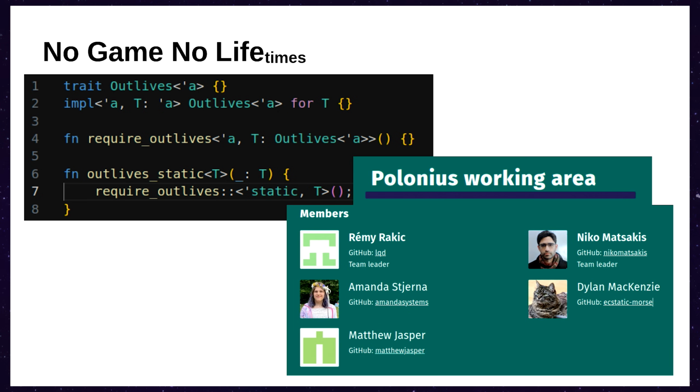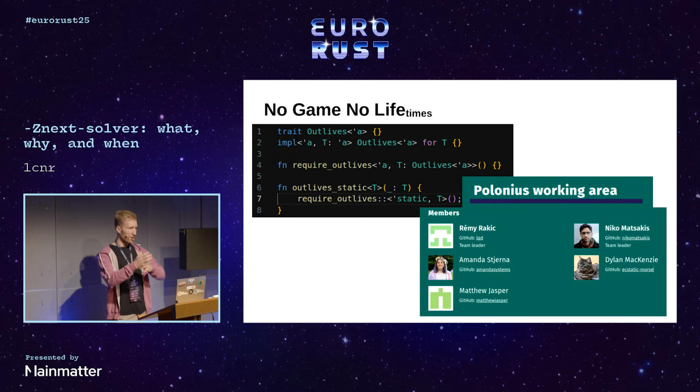And Polonius intends to improve our borrow checking to handle a few edge cases where we currently incorrectly error. But that is entirely separate from trait solving. So trait solving takes all the requirements and then hands them over to Polonius, or currently NLL, which then actually handles it for us. So that's nice, we don't have to worry about this part.